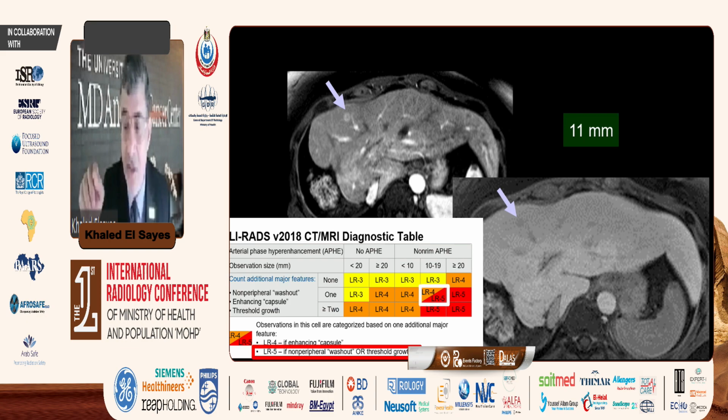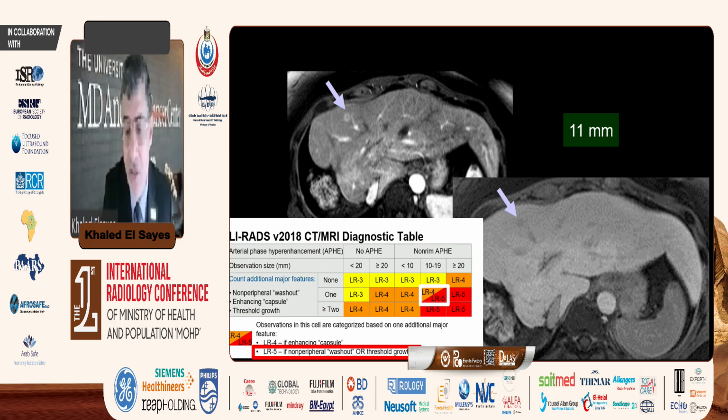Because of the contrast medium we're dealing with here. I know that in Egypt or Europe you call it Primovist. Here it's called Eovist. It's gadoxetate disodium. When we use gadoxetate disodium, you don't use the transitional phase. You don't use the hepatobiliary phase, because it's hypointensity, it's not washout. You only use the portovenous phase when you're dealing with Eovist.